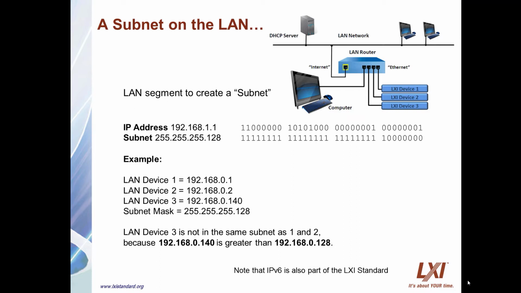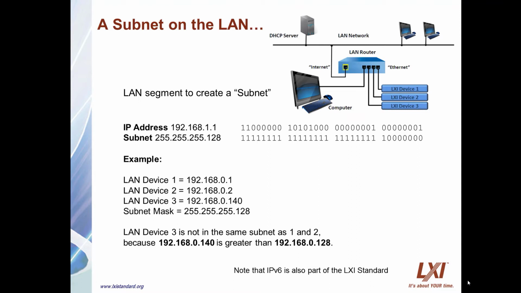In this example, the built-in DHCP server of the router is setting up the subnet mask, and each LXI device will be told what IP address and subnet mask to use if they are configured to automatically acquire an address from the DHCP server.